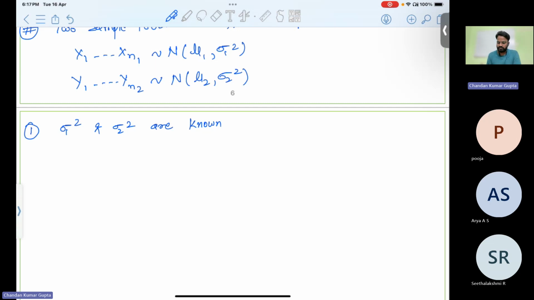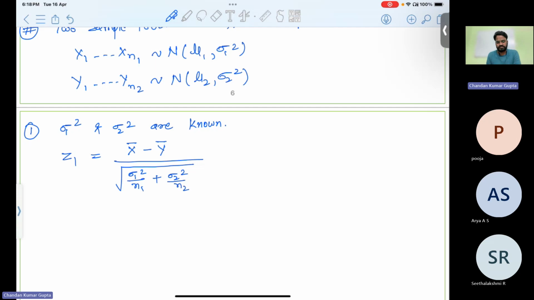When sigma1 square and sigma2 square are known, the Z statistic, suppose Z1, is defined as x bar minus y bar divided by the root of sigma1 square upon n1 plus sigma2 square upon n2.